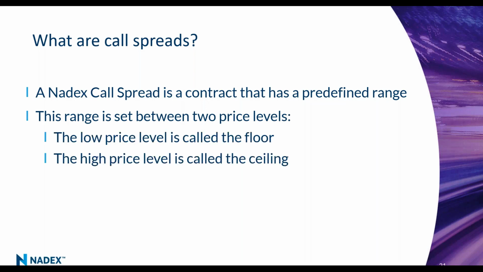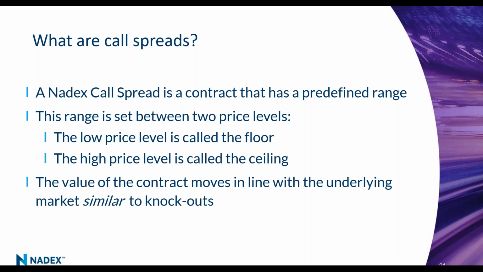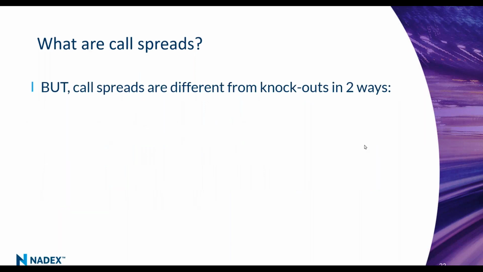It will have a floor and a ceiling, and it will be very similar to a knockout. All right. But I say similar to a knockout. It is not the same as a knockout. And there are two reasons why a call spread is different than a knockout. The two ways a call spread differs from a knockout.